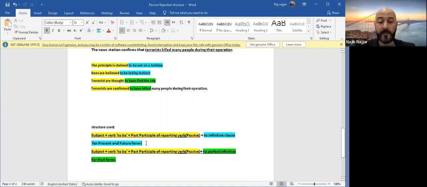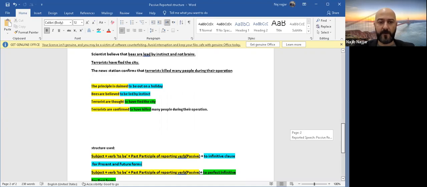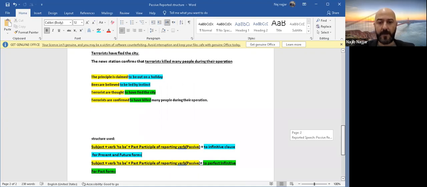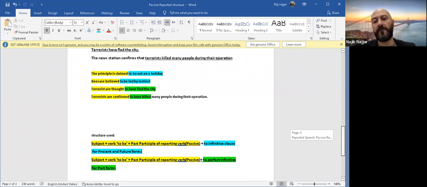Now, what's the structure of the past forms or the past timings? Whether it was simple past, past perfect, or present perfect, anything that shows the past, I'm using the same structure for all of them. Okay, and this is what we call to perfect infinitive for all the past forms. I'm going to write it for you here for all past forms. All right, let's check this out together.